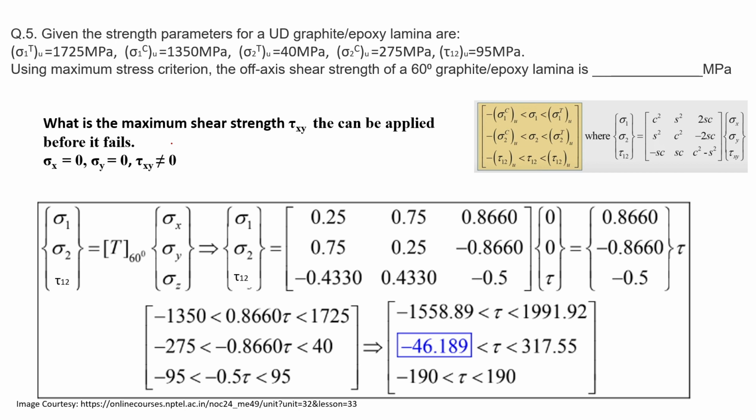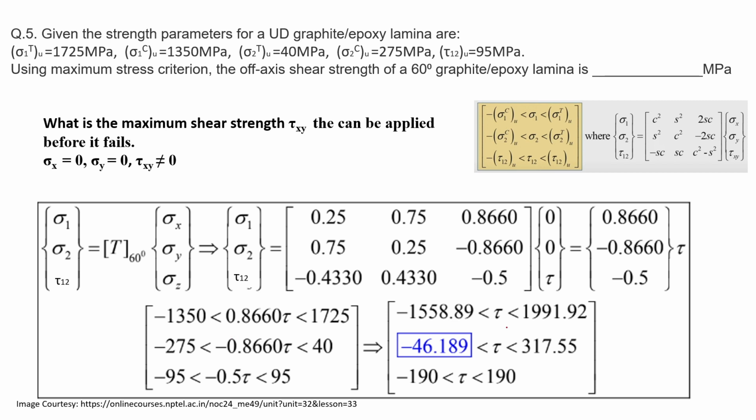Again, the same as before, we will use the transformation matrix and multiply it with the stress matrix, where the shear stress tau is the unknown one, and then we put sigma 1, sigma 2 and tau 1-2 between the range of the ultimate values, and from that we will get the value of tau.